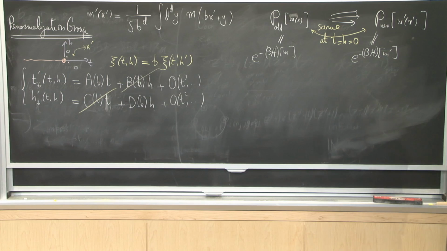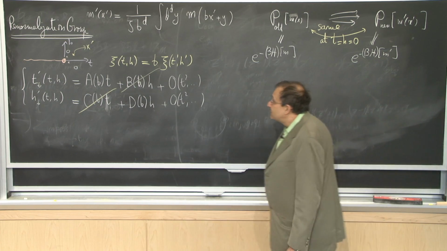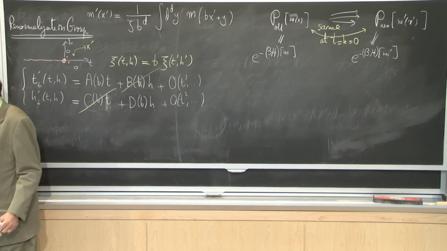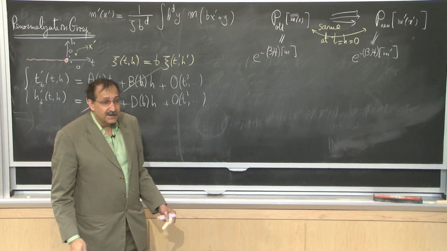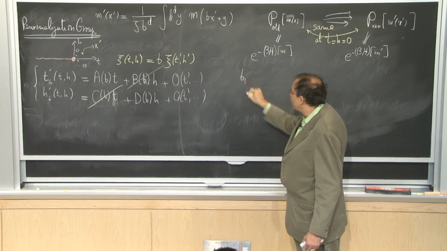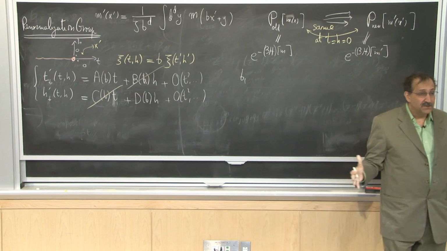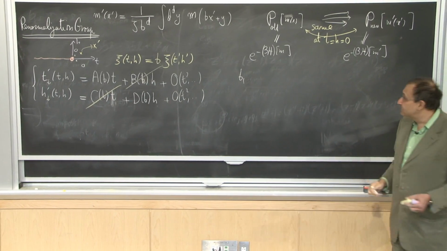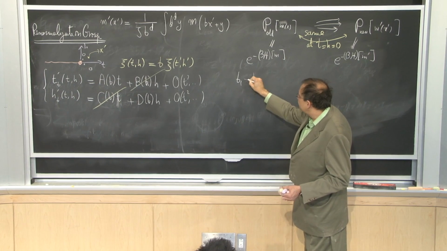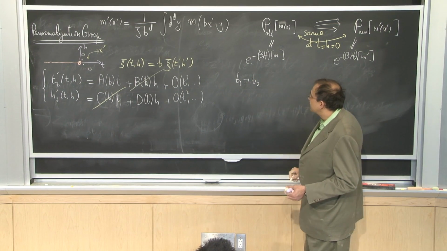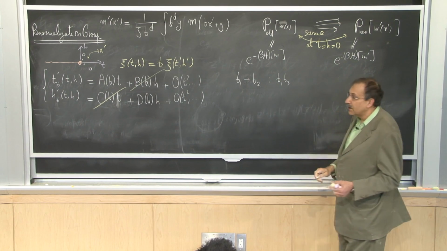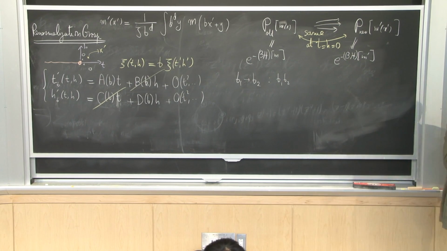Now we know something more, which is that the procedure that we are doing has some kind of a group character. In that if I, let's say, originally transform by some factor b1, change by a factor of 2, then change by a factor of 3, the answer is equivalent to changing by a factor of 2 times 3 or 3 times 2.